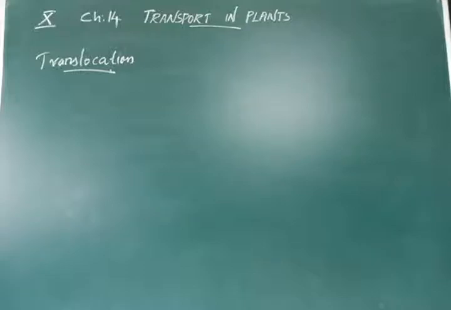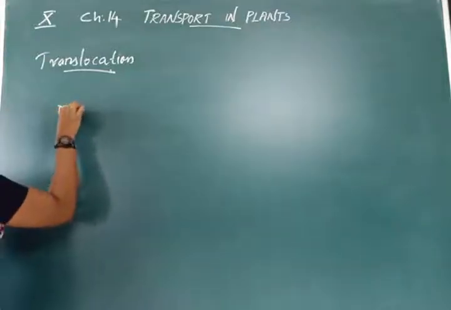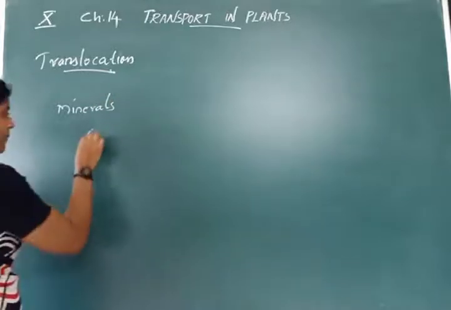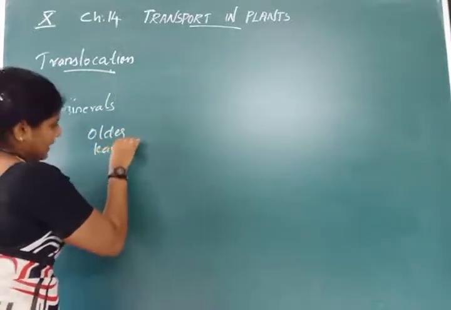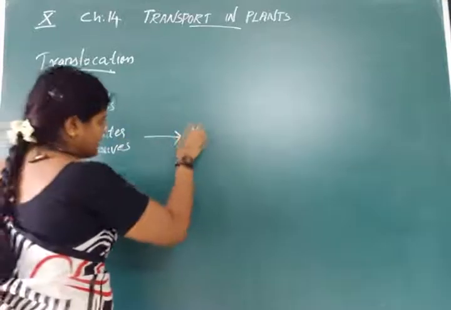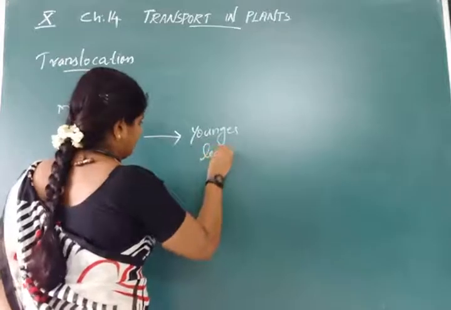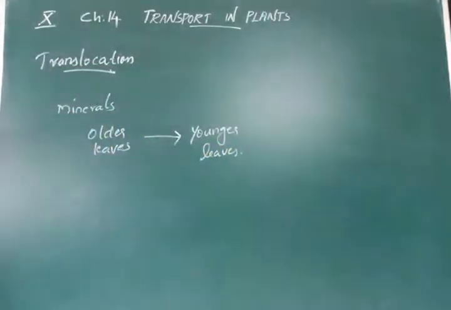Minerals are remobilized from the older dying leaves to younger leaves. So the minerals are transported from older dying leaves to younger leaves.